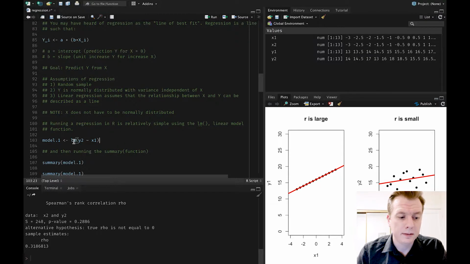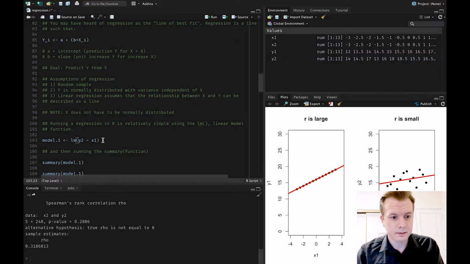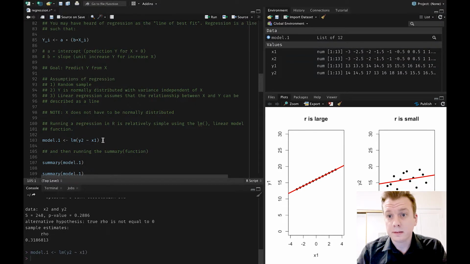So here it's the linear model of y given x. If we run that, it will give us our model parameters. If we want to look at the results of our linear model, we run the summary of model.1.